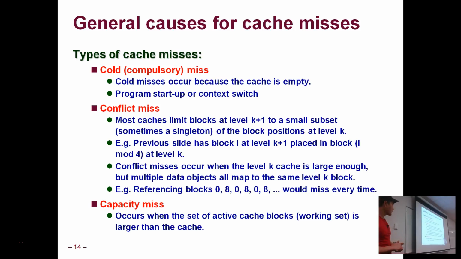So when we talk about caches, there are 3 different reasons why you would miss in the cache. The first reason is a compulsory miss. This is when you first start up your process, you have nothing in the cache, right? It's completely blank. And these cold misses are mandatory. So they happen when the program starts up.